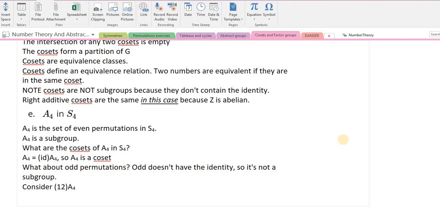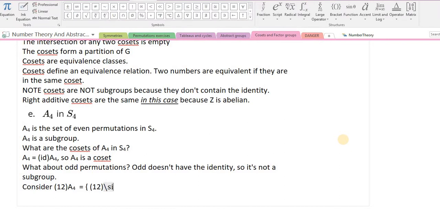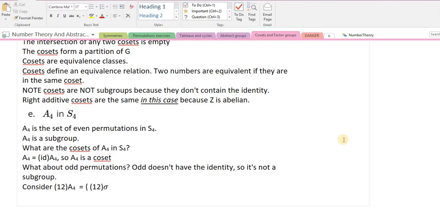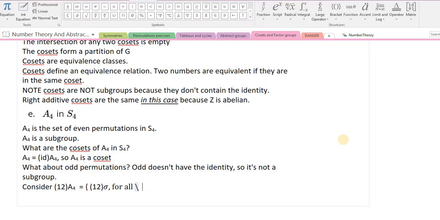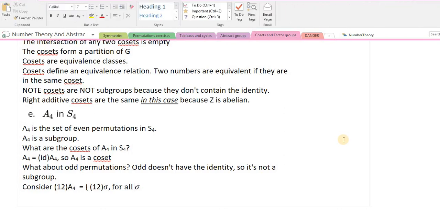All right. So let's consider this set (1 2)A4. And what that is equal to, remind you what that means, it's equal to (1 2) times sigma for all sigma in A4.